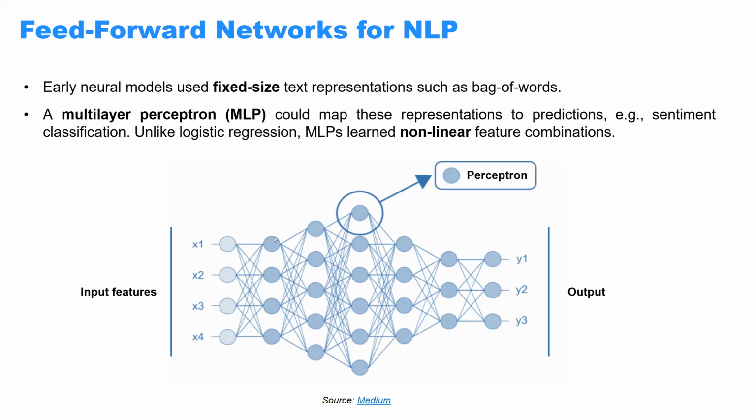So if we only have one dot on the next layer, for example this dot, it will be a linear regression. So we will have the weighted linear combination and only one output. But if we add more outputs and more weights, we can produce multiple outputs.